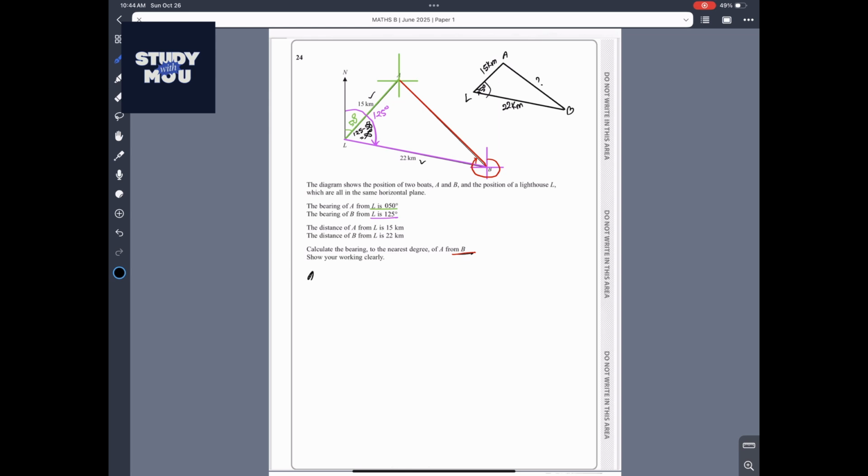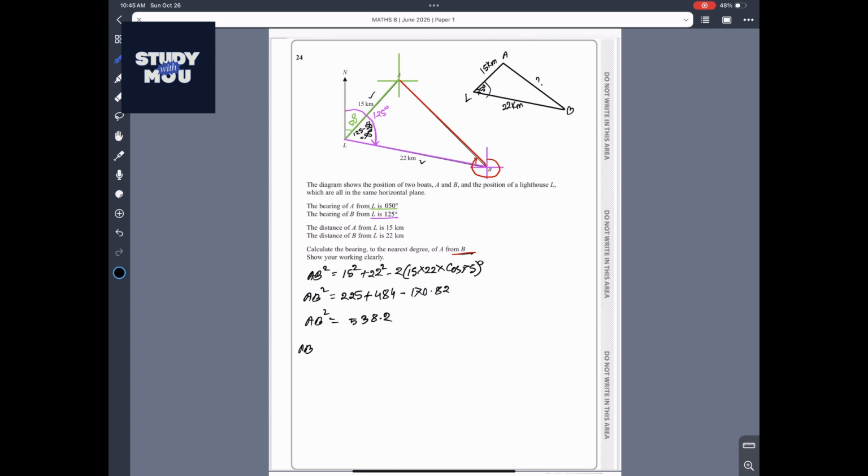We'll use cosine rule. AB squared is equal to 15 squared plus 22 squared minus 2 times 15 times 22 times cos 75 degrees. AB squared is equal to 225 plus 484 minus 170.82, which equals 538.2.